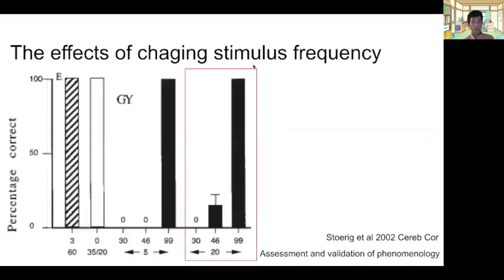In these 20% of trials, most of the results were the same, except for the 46% trials, where finally GY responded to the presence of the target in roughly 10 to 20% of trials. But the 30% contrast stimulus was still not reported, and 99% was the same. The catch trial and good field trial were responded to in the same way, so they were not presented separately.